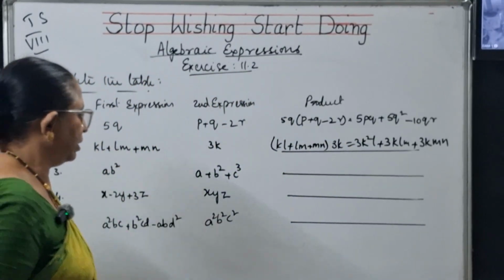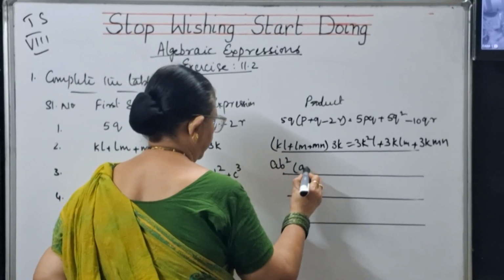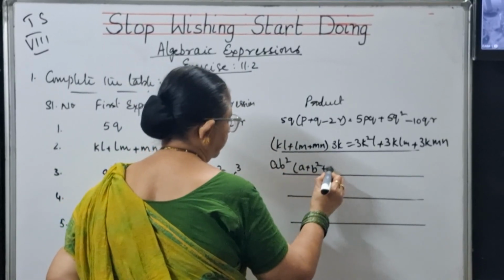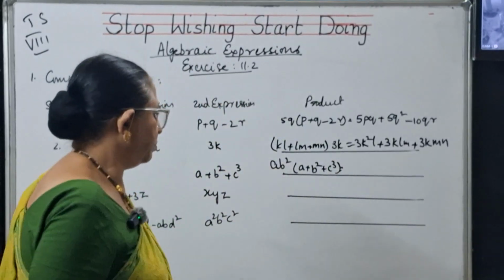Now ab square into a plus b square plus c cube.